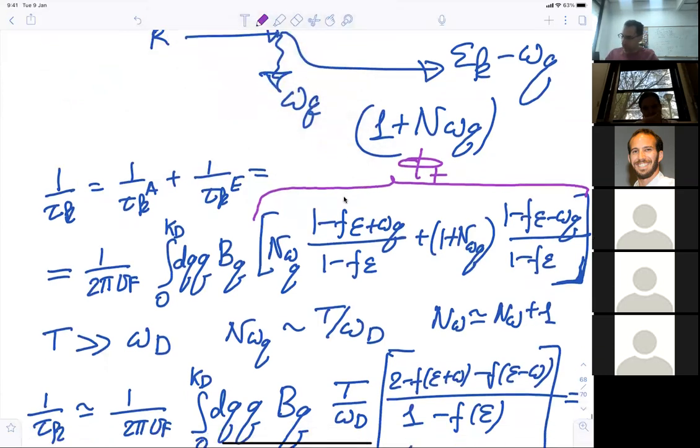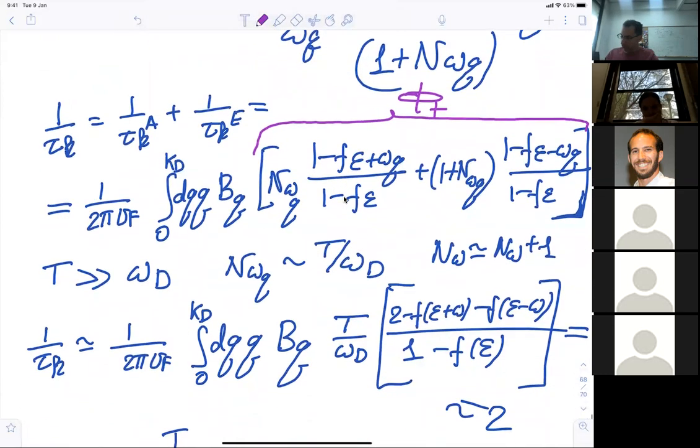It has two terms: the term that comes with n plus 1, and the term that comes with n. Let's call this one psi plus, and this one psi minus.